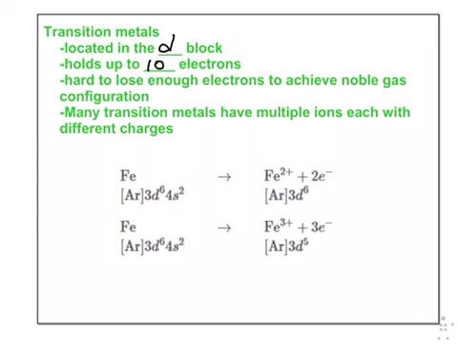So what ends up happening is we often lose these S block electrons because if you remember Aufbau's filling chart fills the 4s before the 3d level. And so those 4s electrons or 5s2 electrons will get removed first. Many transition metals will have multiple ions, each with different charges, and we got introduced to that last chapter.